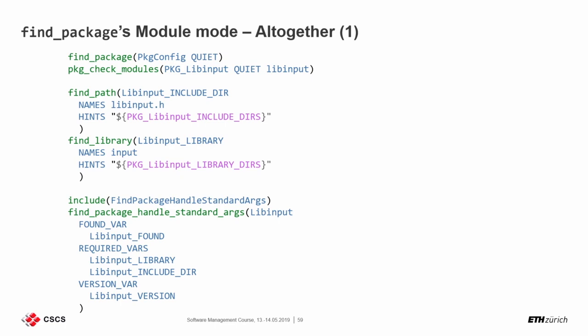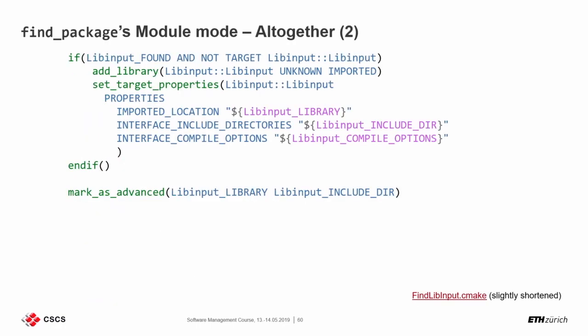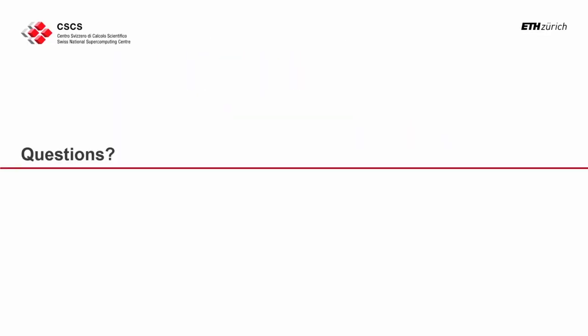We do find_package_handle_standard_args, which takes care of whether it was successful and whether the version is the right one, and if it's required and was not found, it will complain to the user that it was not found. Afterwards, we check if the library was already created, and if not, we create it, and we set the target properties, and in the end, we mark all options as advanced because we don't want to expose too much information in CMake. Questions?